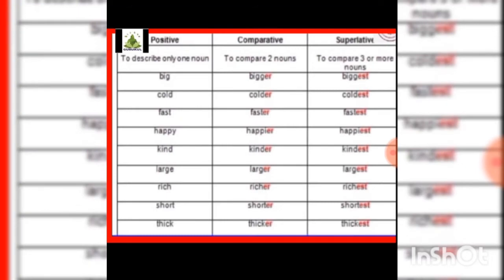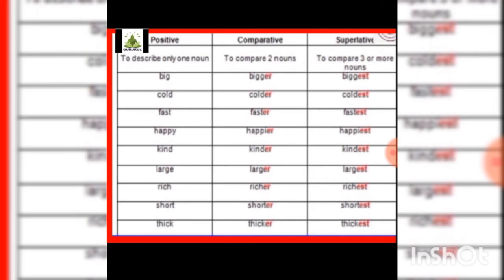Okay. Now here we can see all the three degrees: positive, comparative, and superlative. The first one is big, bigger, biggest. Now in the comparative degree we have added er, and in superlative degree we have added est. First we take a positive degree, then it is compared, and then it is compared with the superlative degree.